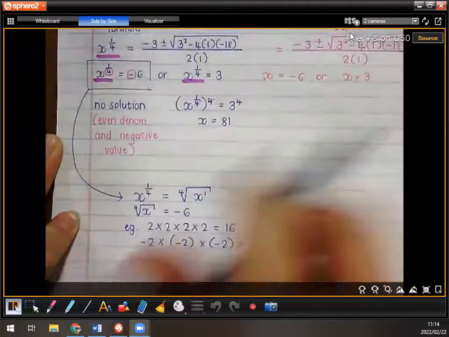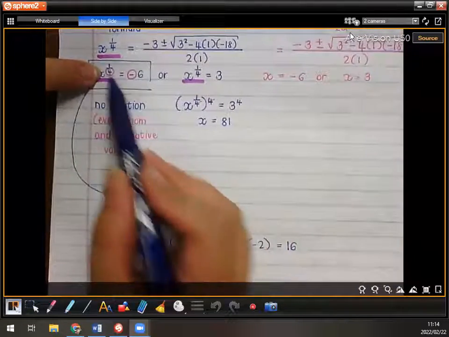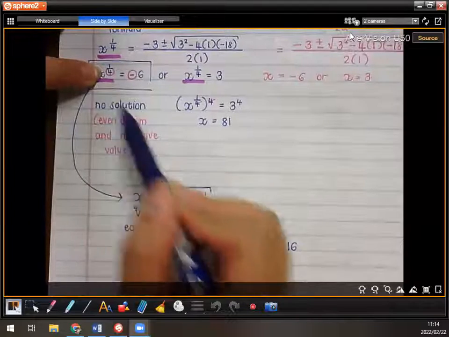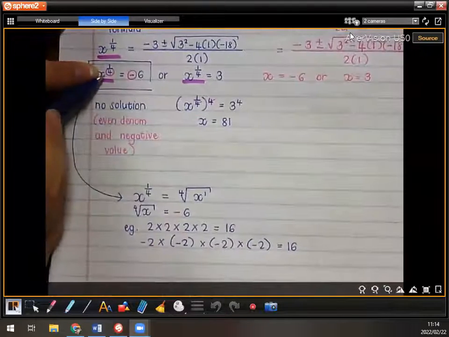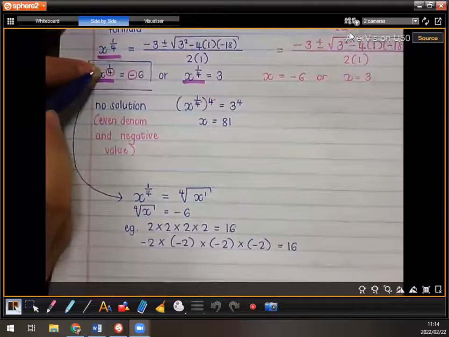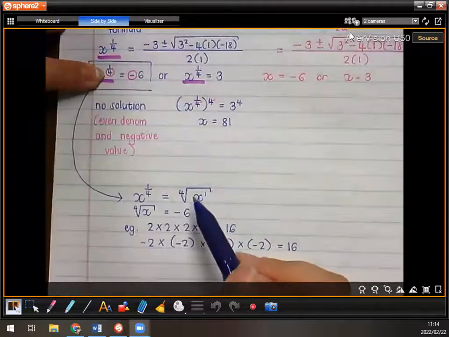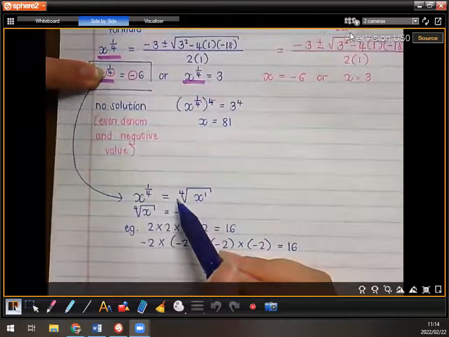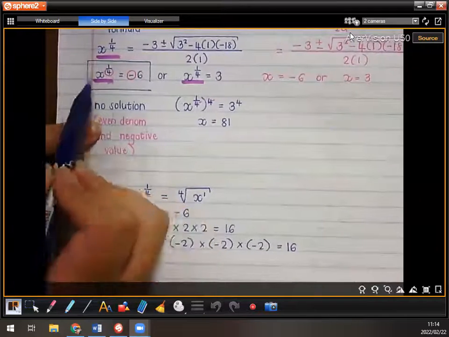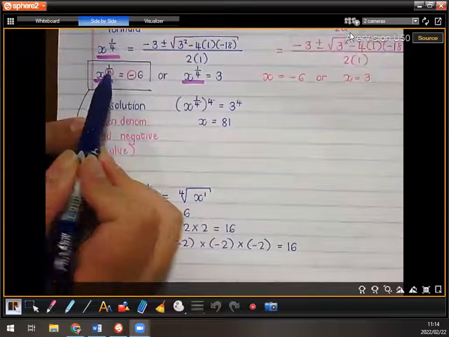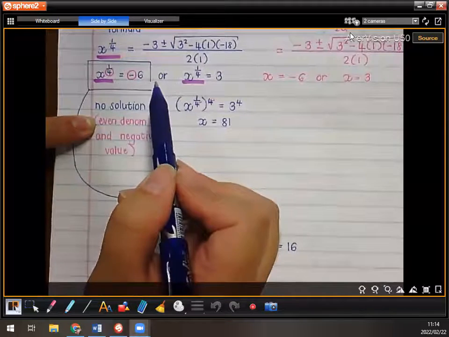Okay, and what I need you to notice here now is that the fourth root or the square root or the sixth root or whatever comes from the denominator. Right, because the denominator is the value that you put outside of that square. Okay, so that is why if you have an even denominator, then it actually can't be equal to a negative number.